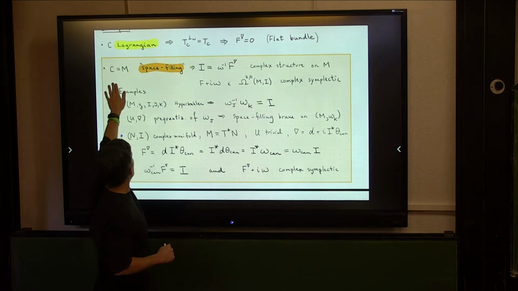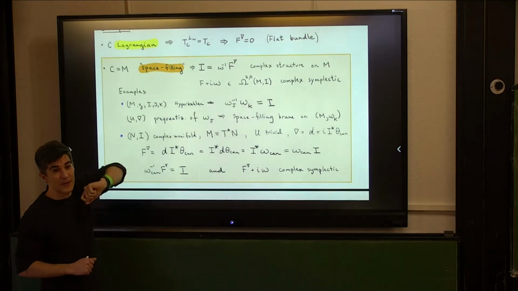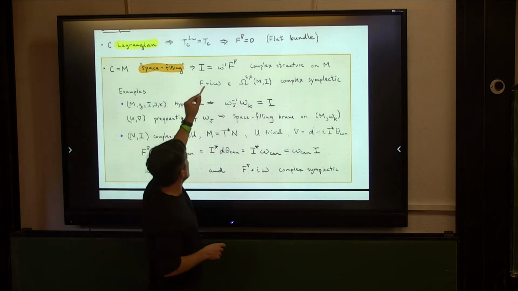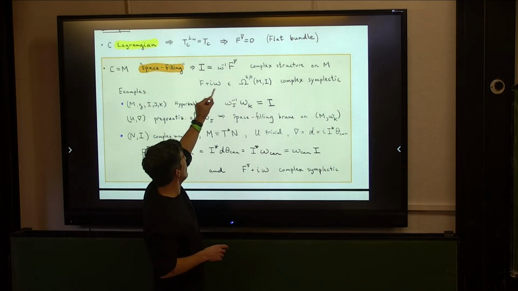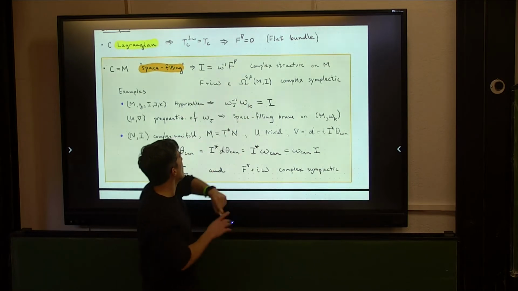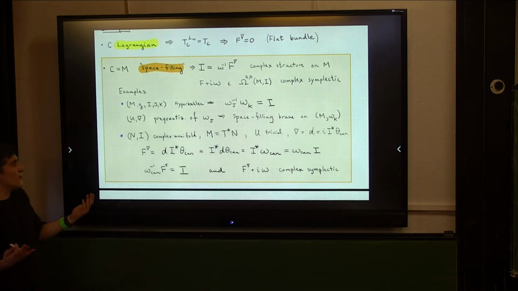Here's another example where the coisotropic is the entire manifold. The entire manifold is coisotropic, and we would need the curvature of the line bundle plus the symplectic form times i to be holomorphic symplectic. And this would define, actually, the complex structure. So how can we find such a thing?